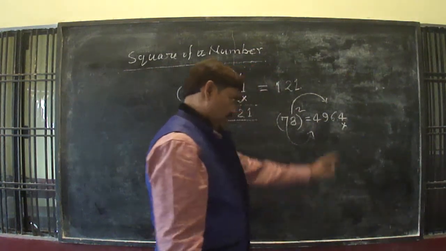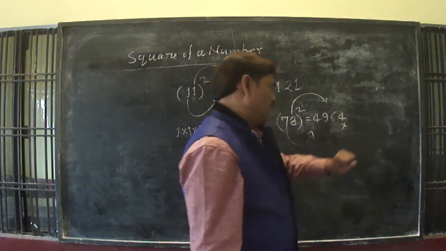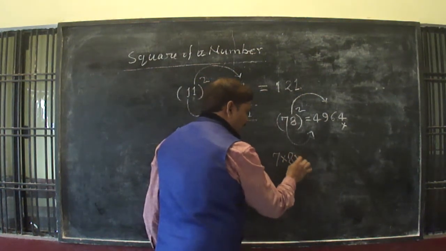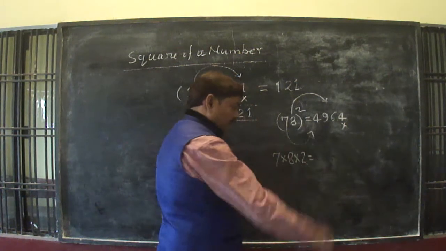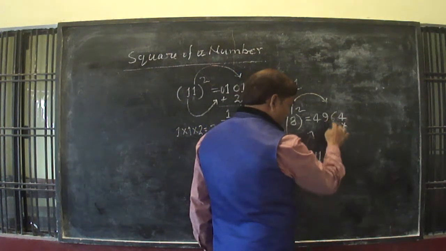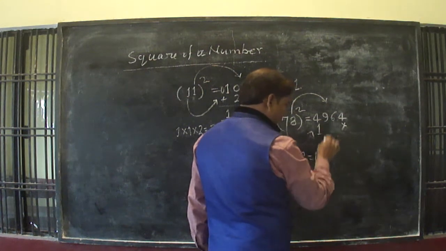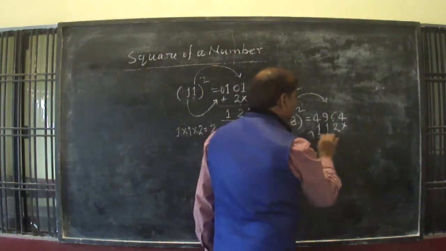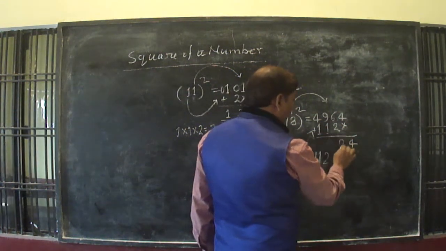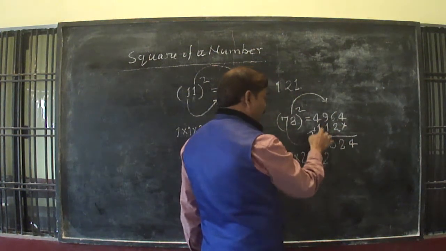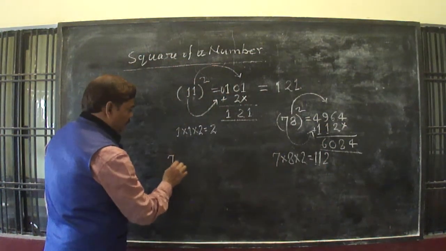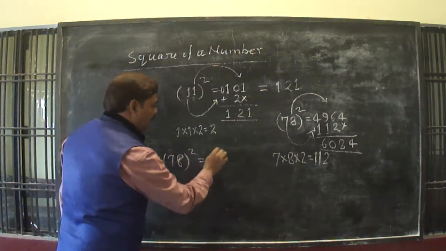Put a cross just under the unit place of this number, and now multiply these numbers 8 into 7 into 2, we get 56 into 2, that is 112, and put this 112 lower, under the digits. So now add up these two numbers, and we get 6084. Then 78 square is equal to 6084.